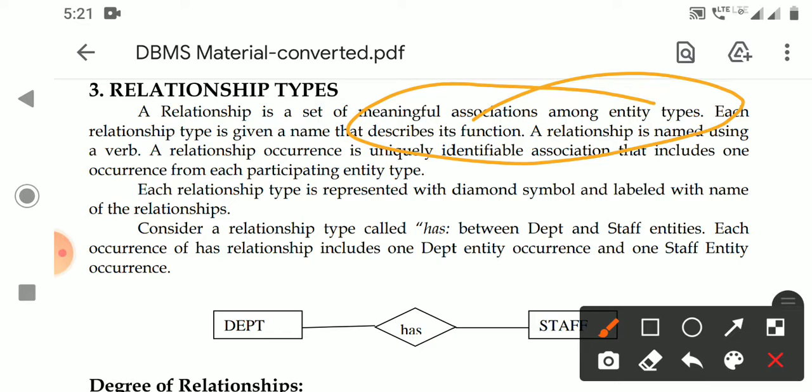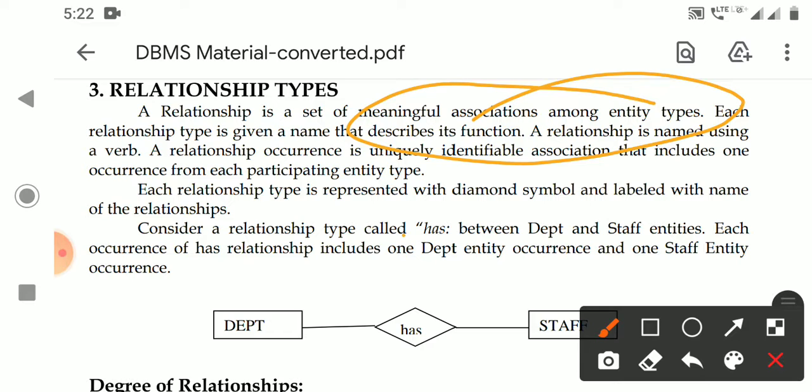For example, a student joined in a course. Student is an entity type. Course is an entity type. Here the word joined describes the functionality of the student and of the course.